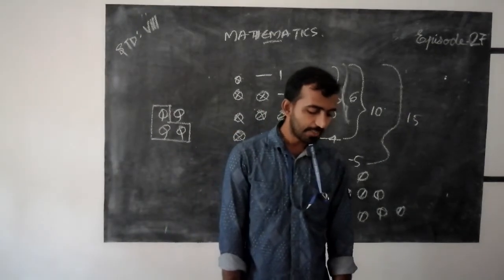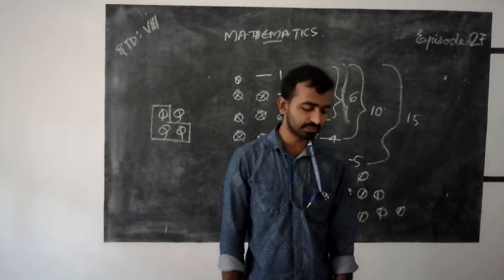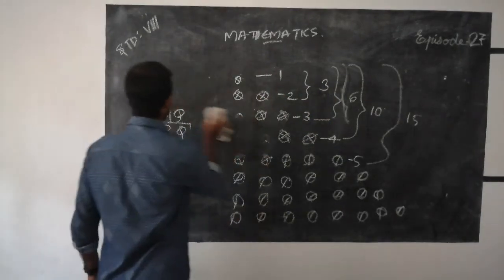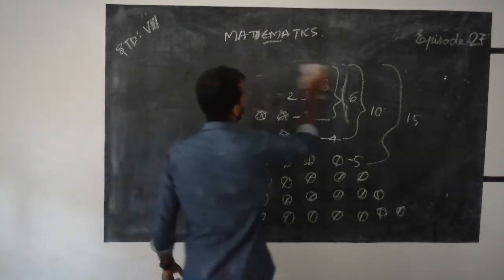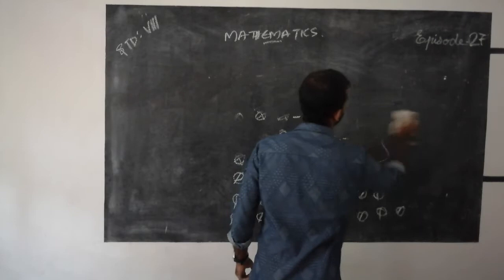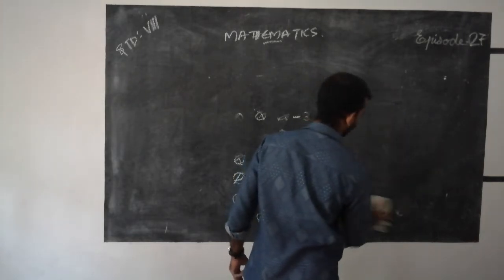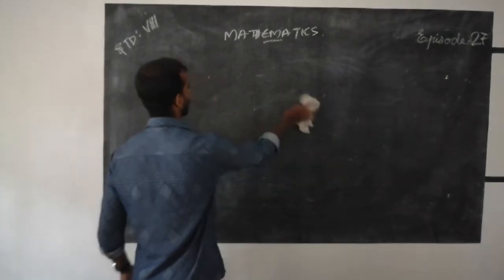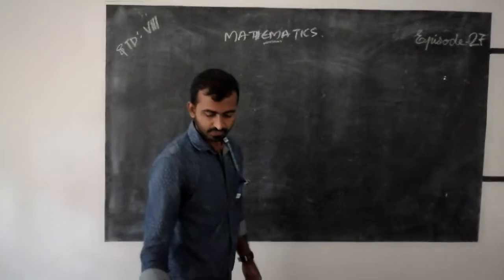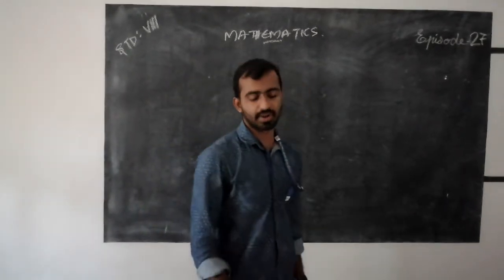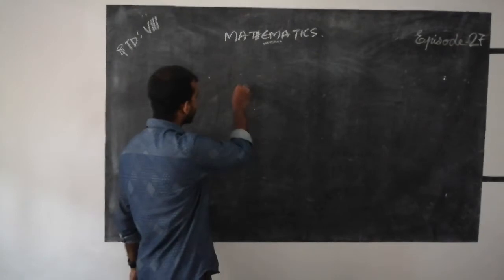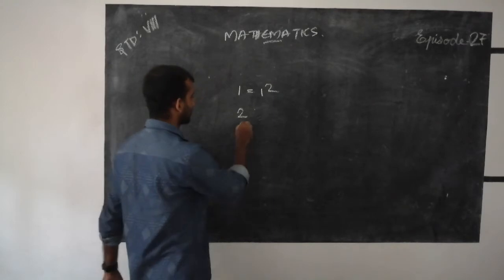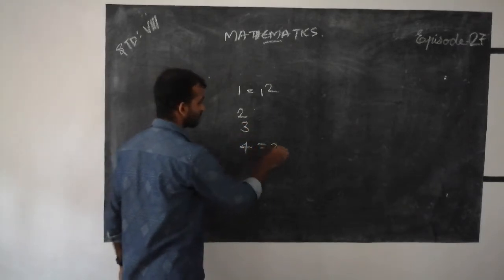And next, numbers between square numbers. 4 is a square number. That is 1 is 1 square, 2 not, 3 not, 4 equal to 2 square.